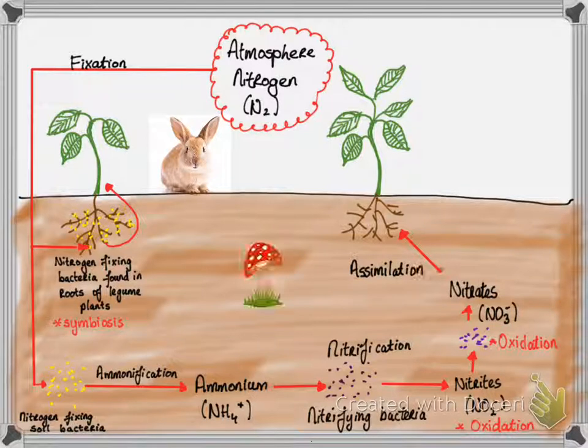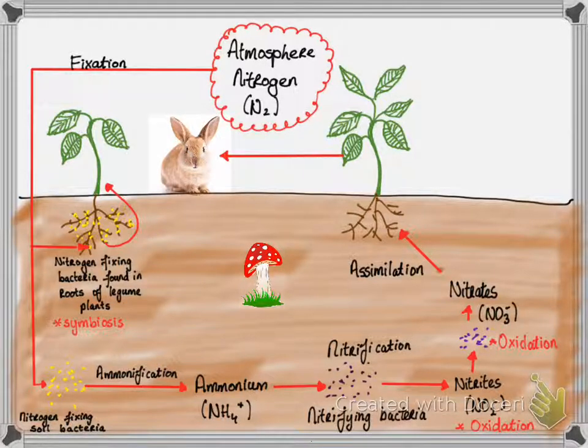Now, this nitrate is soluble in water and therefore can be absorbed by plants. Once the plant absorbs the nitrates, it can assemble them, or assimilation, into proteins, chlorophyll, and amino acids. Once the plant has assembled it for its use, it will be stored in the plant.